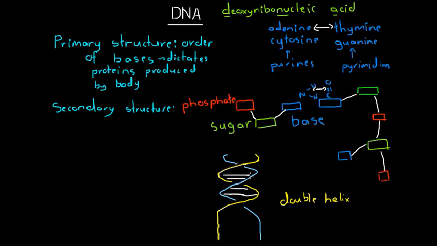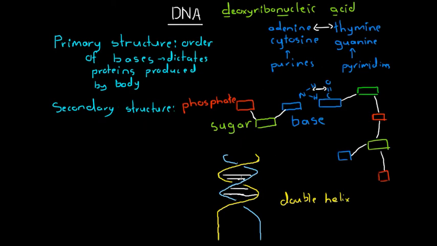So we can view this double helix shape as a spiral staircase, where each of the main DNA strands is a handrail on our staircase, and each of these hydrogen bonds between the bases is a step. One step on our staircase, and that is the secondary structure of a DNA molecule.